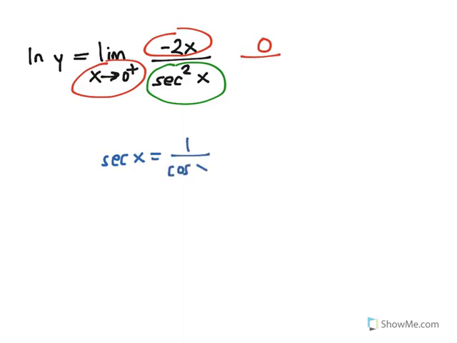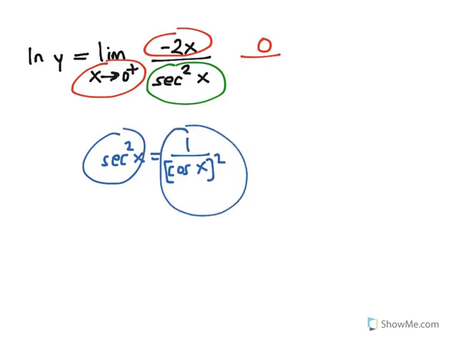So it's 1 over cosine of x. So if you have secant squared x, you actually have 1 over cosine of x squared. So you can rewrite secant squared x like this. And what happens as x approaches 0? Cosine of 0 is 1. So you'll have 1 over 1 squared or just 1. So the denominator will approach 1.